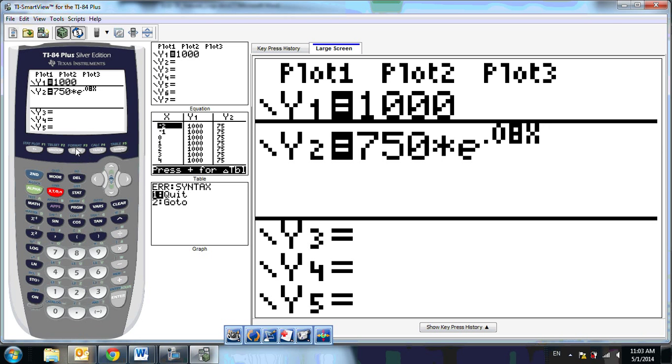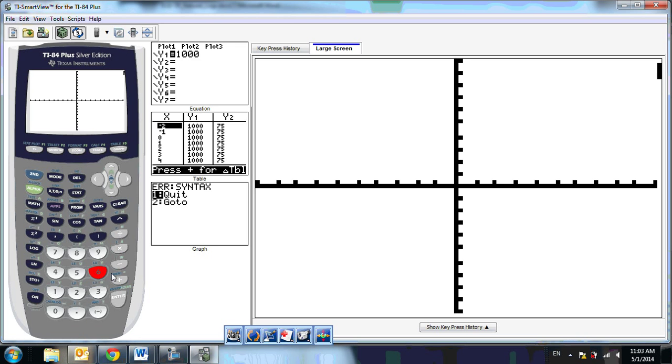Okay, now when you just graph this like normal, like Zoom 6 it, you're not going to see very much. Yes? One of my friends told me that if you go to Zoom and you go down to 0, it just immediately puts it to fit the graph. Yeah, Zoom Fit can be a really good tool to try. It's not always going to be a good representation of what your graph is, but it is a very good tool to try.